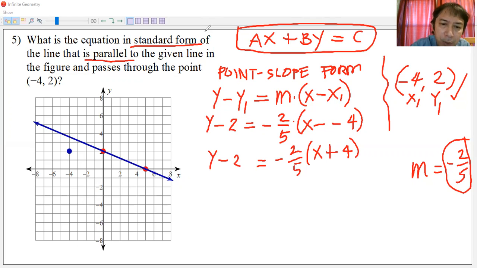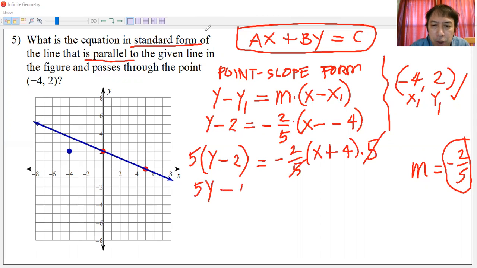So we multiply here by 5, and we multiply here by 5. There. And so this cancels out with the denominator. Okay. And then this will be reduced to, let's proceed to the left side, distribute the 5. This is 5y minus 10.